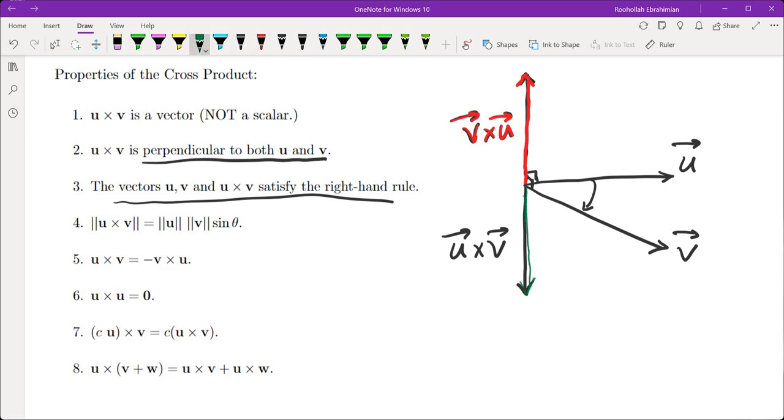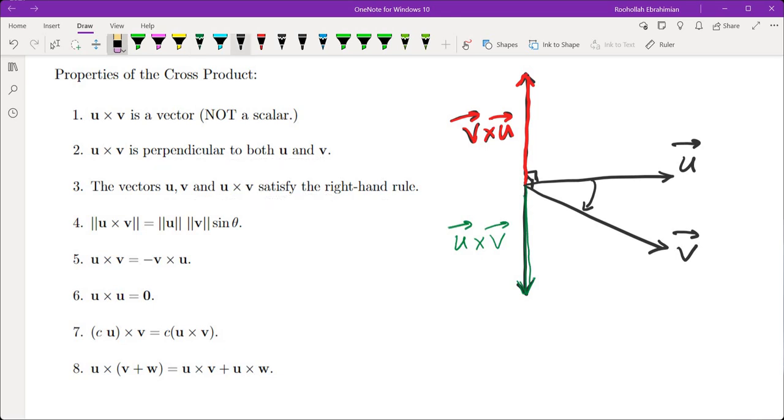Now that we understand the direction, we want to understand the length of this vector, because for every vector we need to know its direction and we also need to know its magnitude. So what is the magnitude of this vector? The next statement, number 4, tells us its magnitude.